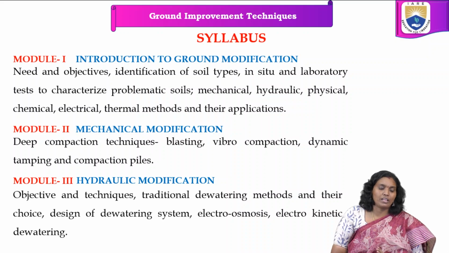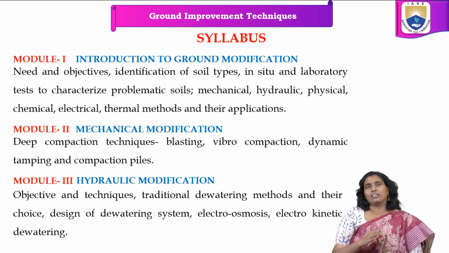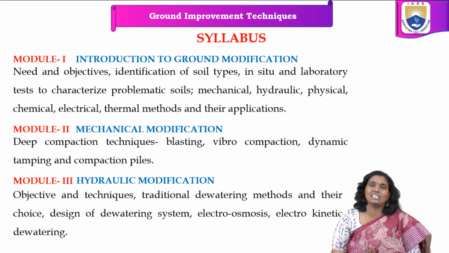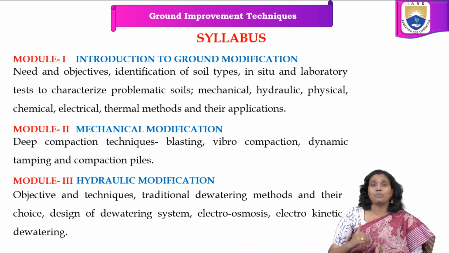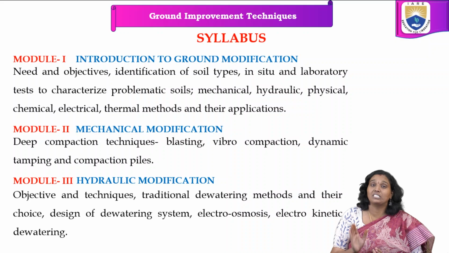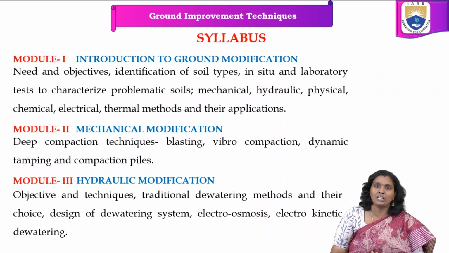In mechanical modification, what kind of techniques we are using, what principle is involved in it, where we are going to use these techniques, what properties are going to be modified because of these techniques, and what type of construction work these mechanical modifications are suitable for, based on the type of soil.